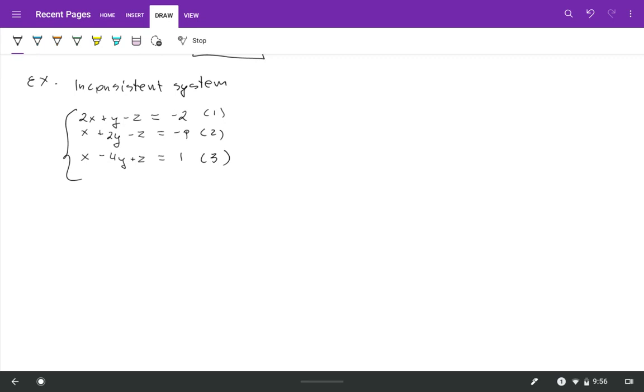I want to start with the plan. So I want to start with eliminating one of the variables. And in this case, I want to eliminate x. So my plan is to eliminate variable x.